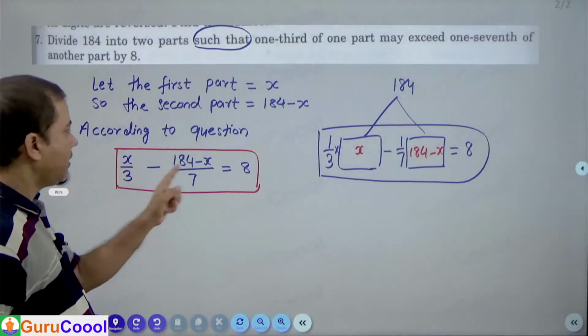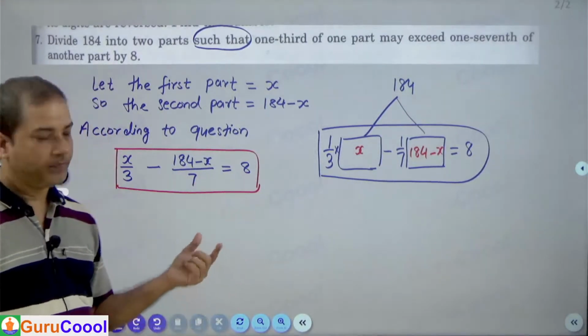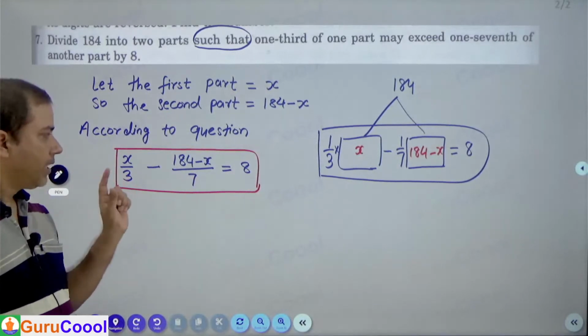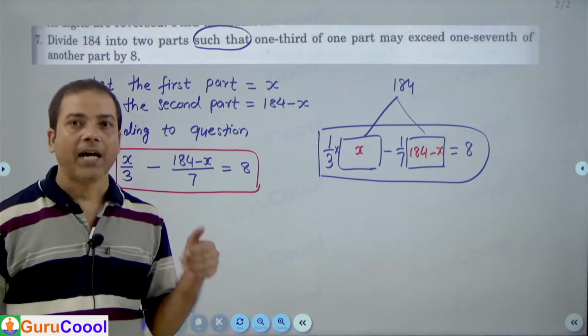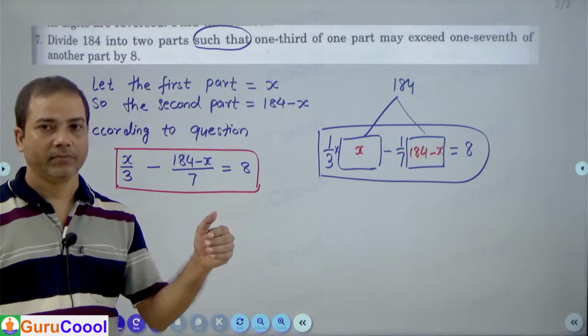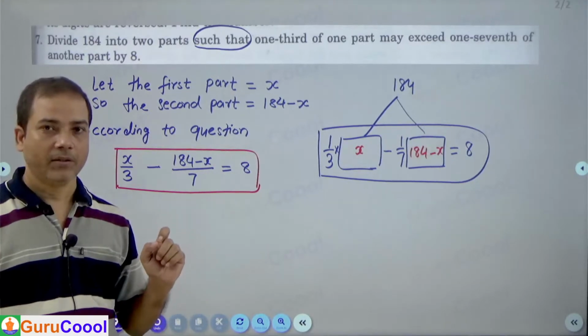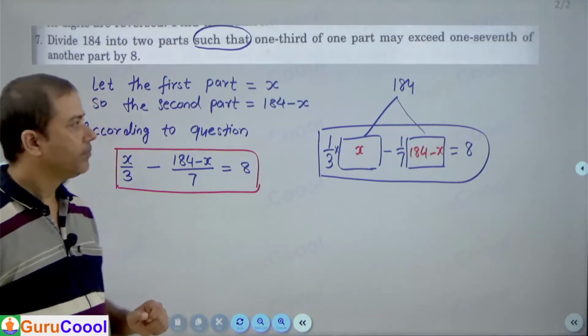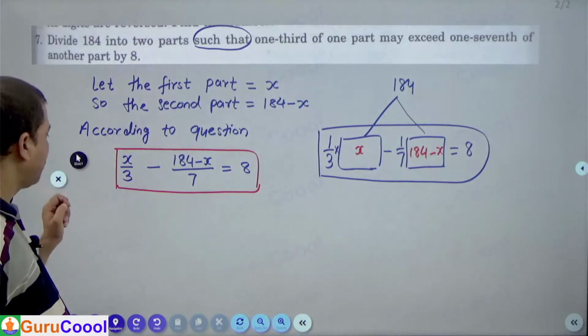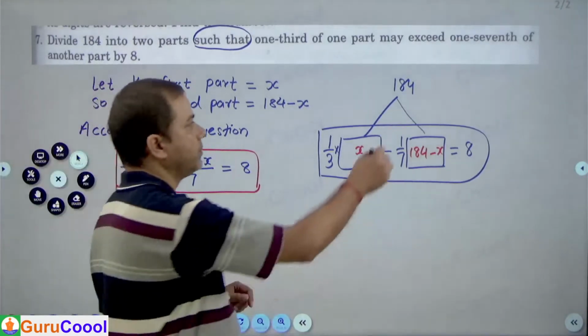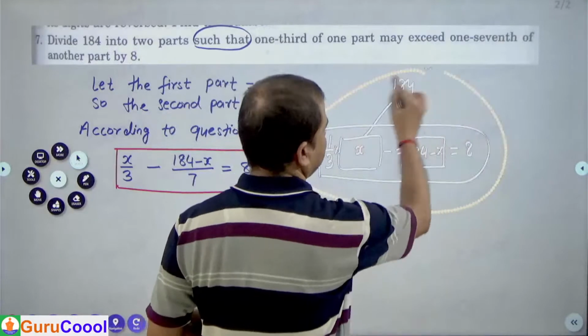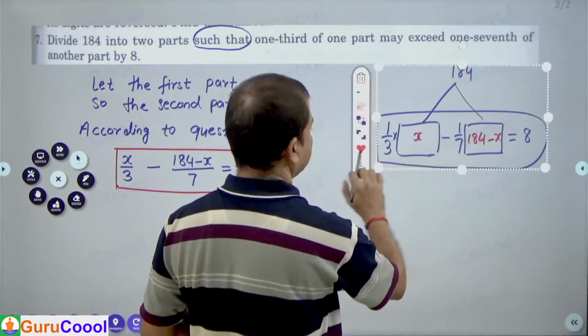Well, see, in this equation we have denominators, and I have taught how to remove denominators. Do you remember? Yes, sir. By taking their LCM and multiplying.